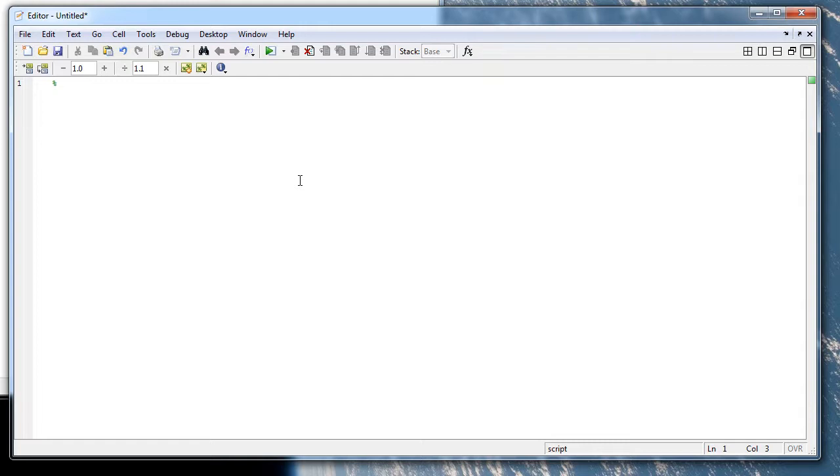So, in that spirit, the first thing we'll write is the comment: simple two-spin simulation program. And it's usually a good idea to put a list of contributors, the people who put an effort into writing the code.